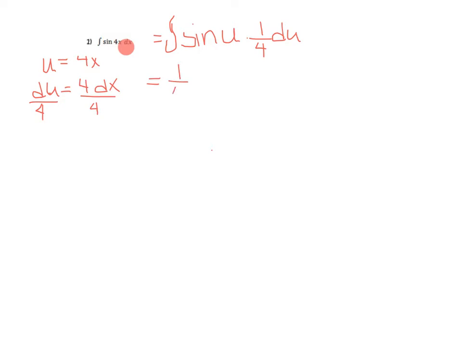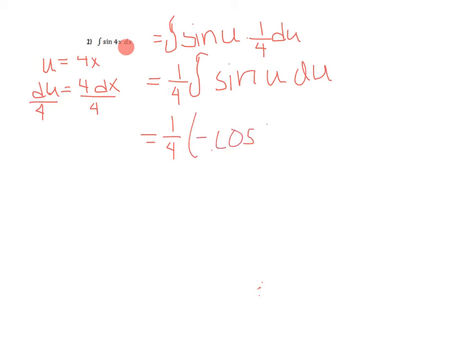This 1/4 is a constant, and then we have the integral of sine of u times du. And we have a rule for that. The rule for the integral of sine is negative cosine.